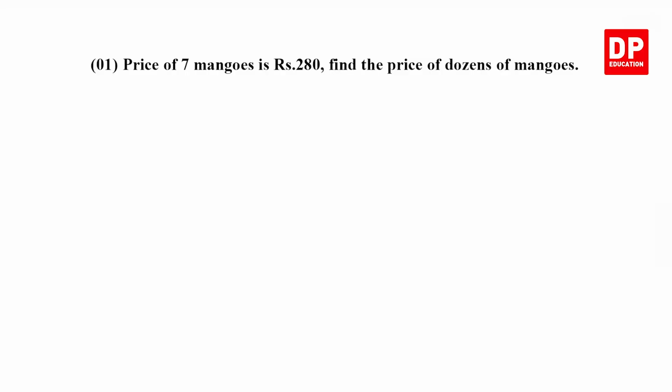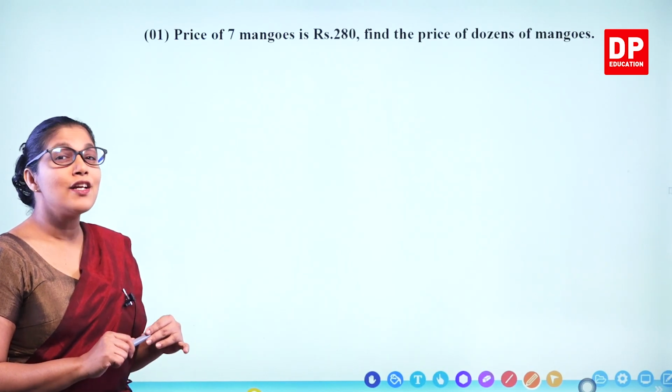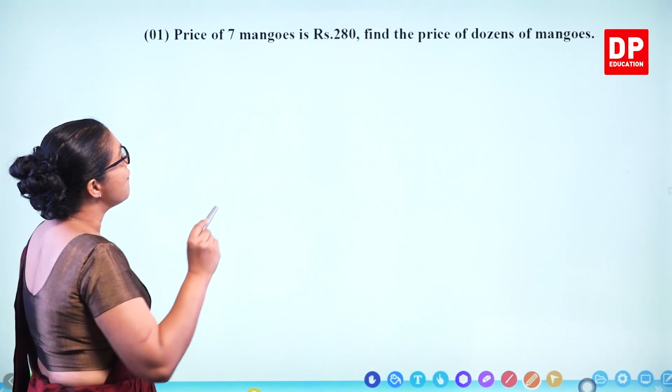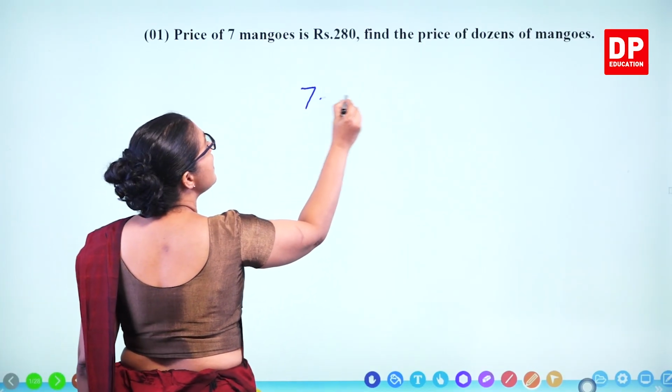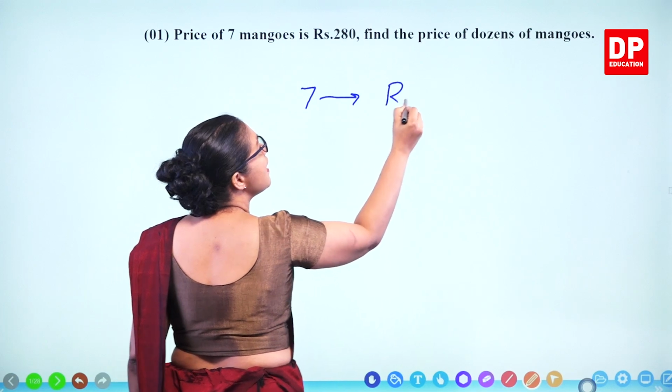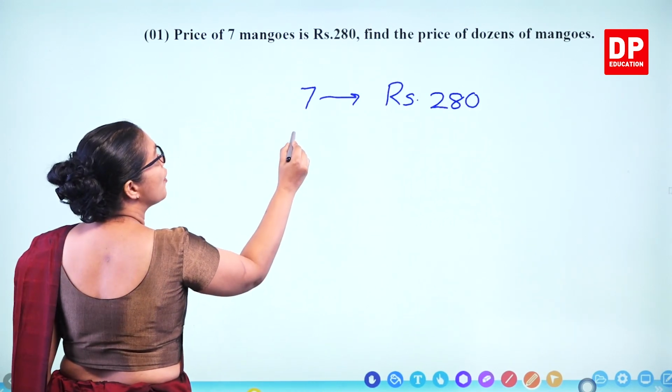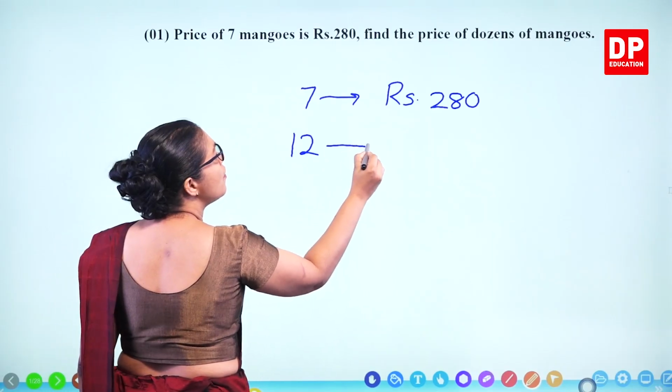Question number 1. Price of 7 mangoes is 280 rupees. Find the price of a dozen mangoes. A dozen means 12 mangoes. So 7 mangoes is 280 rupees, and they are asking about 12 mangoes.